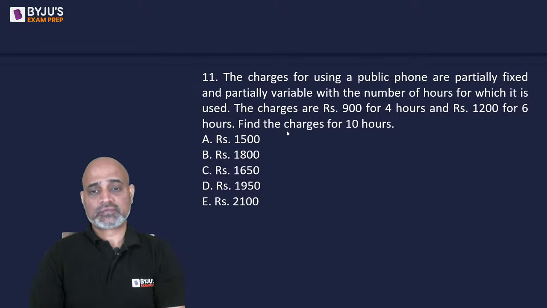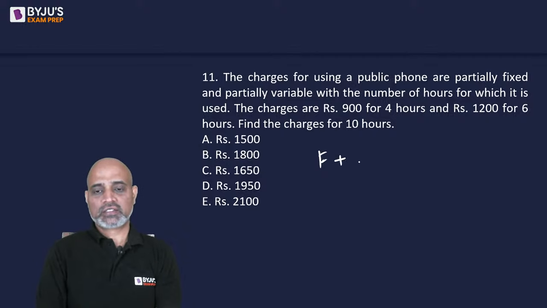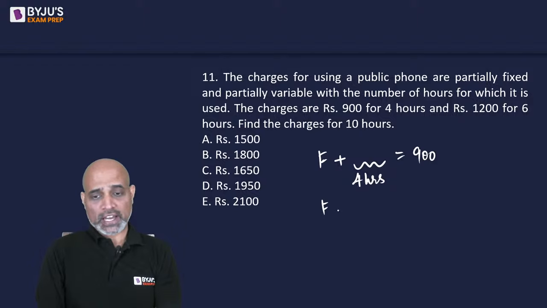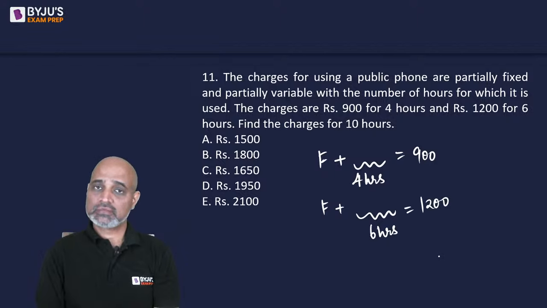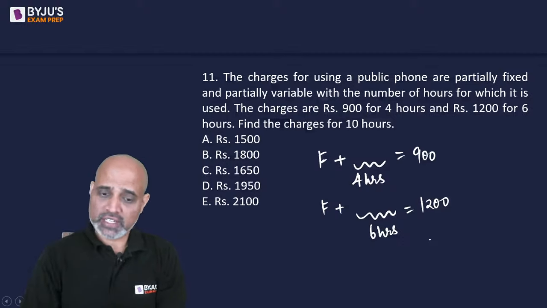Can we? So, look, you are going to have some fixed charge plus some charge because you used it for 4 hours and this is 900 rupees. You are again going to have some fixed charge plus some money because you used for 6 hours and that is going to be 1200 rupees. Right? That's what the question says.